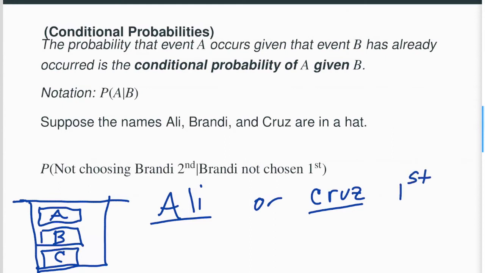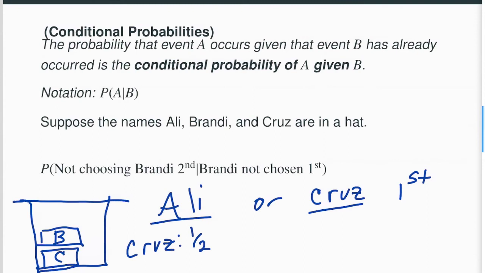So if we've taken one of these out, let's say we've taken Ollie out, so we're just left with Brandy and Cruz, then in this case, there is a 1 in 2 chance that we're choosing Brandy second. Or there's also a 1 in 2 chance that we're not choosing Brandy second and that we're choosing Cruz. So after first choosing Ollie, if now we choose Cruz, that's a 1 in 2 chance.